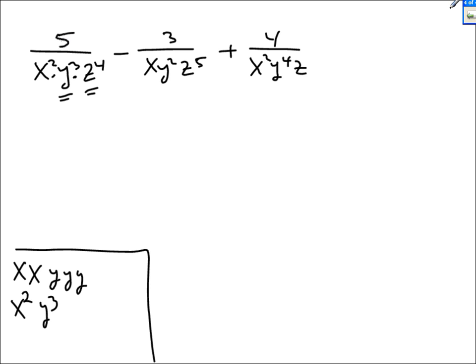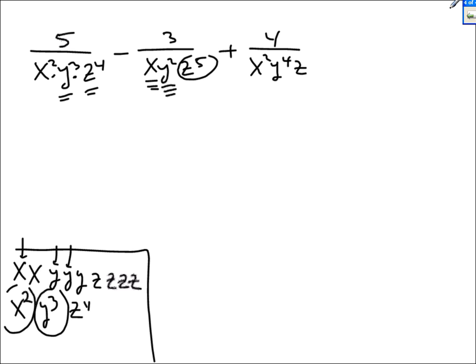And then z to the 4th: 1, 2, 3, 4. I need an x. I already have at least one x, and there it is. I need y squared. Well, y squared is already in here. I do have y times y. I need z to the 5th. I only have z to the 4th. I need another z. Make that z to the 5th.